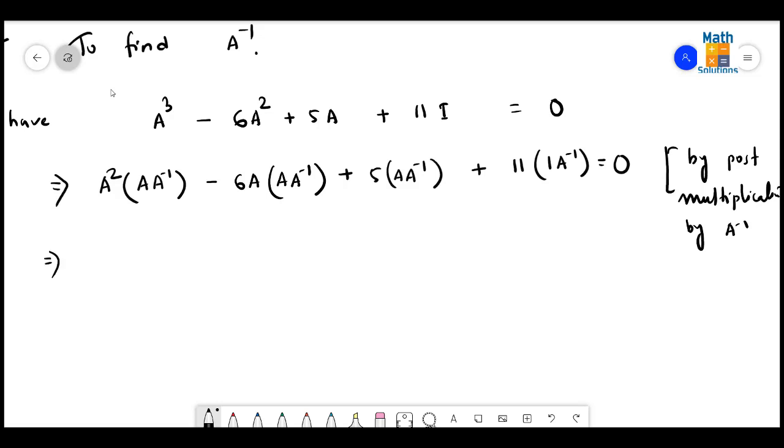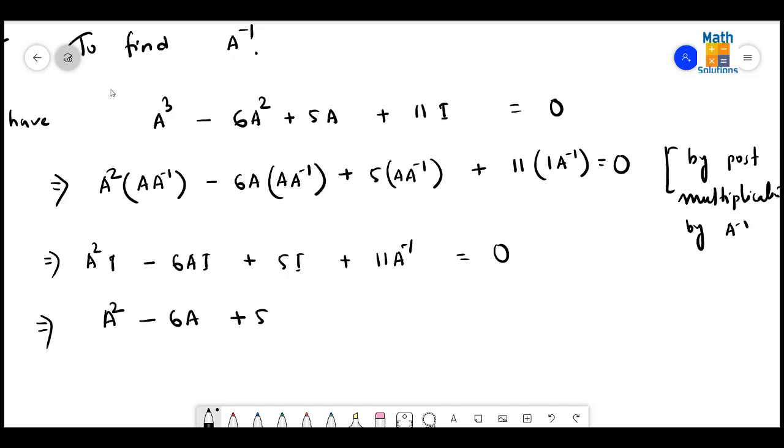So what do I get here? A square into I minus 6AI plus 5I plus 11 A inverse equal to null matrix. And then I get only A square minus 6A plus 5I plus 11 A inverse equals 0.